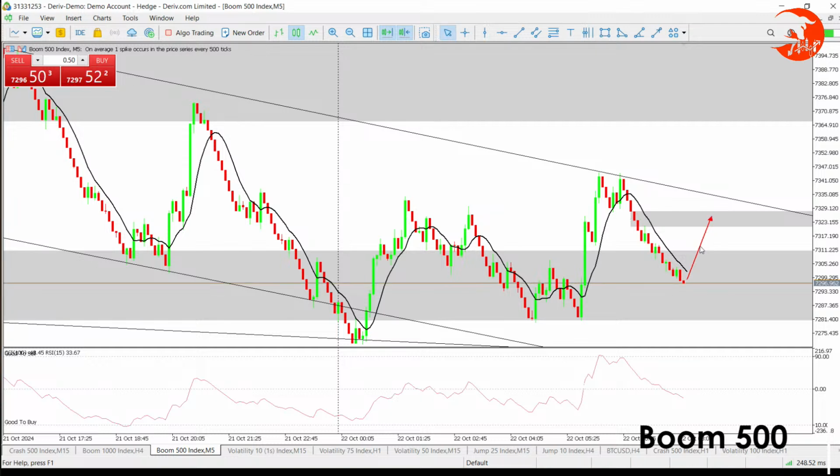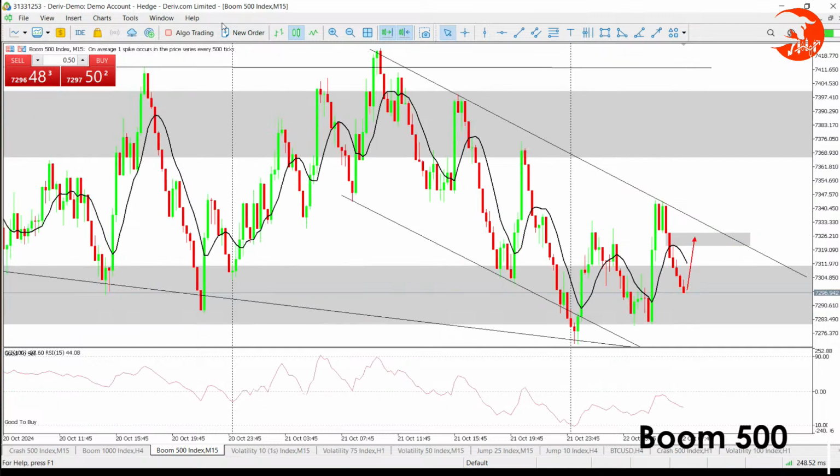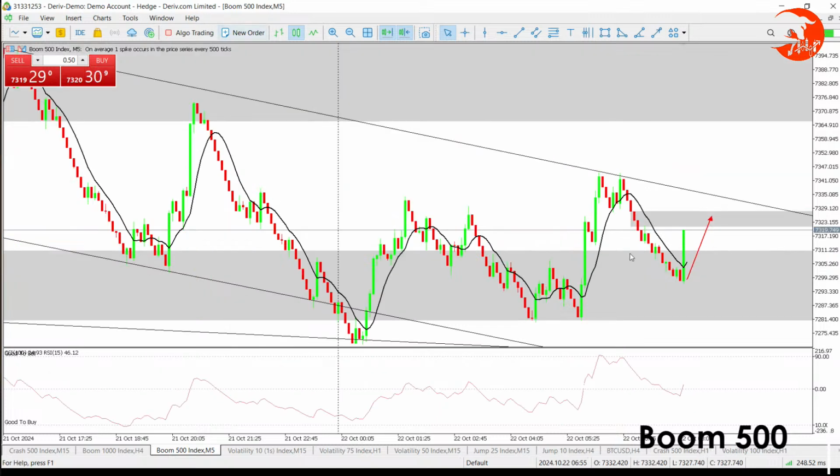All right, now I will leave it at M15. Before I even finished, look at that candle there. That's what we were looking for, but we need to wait for it to close. The retest that I was talking about before I even finished talking.